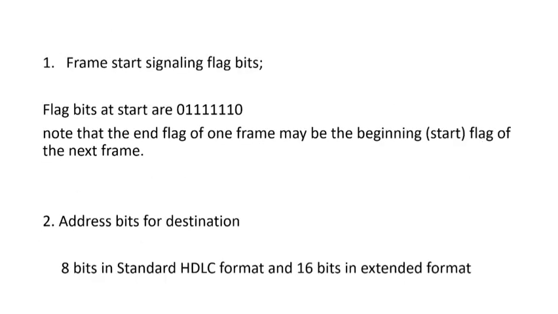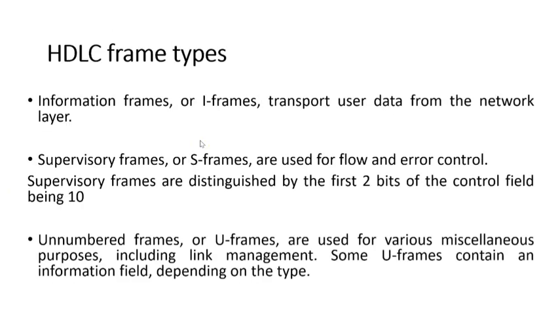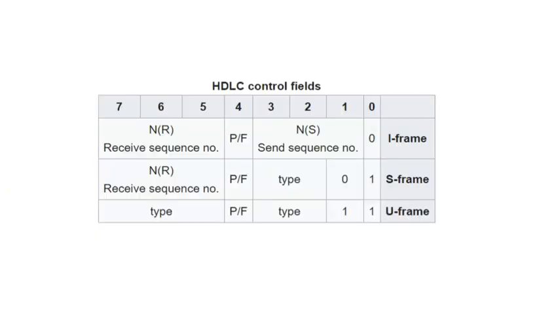If you don't understand what I'm talking about, see here, there is a control field, right? How this control field will look will clearly vary based on the type of frame that we are sending. This is the structure of the control field based on the frame type.